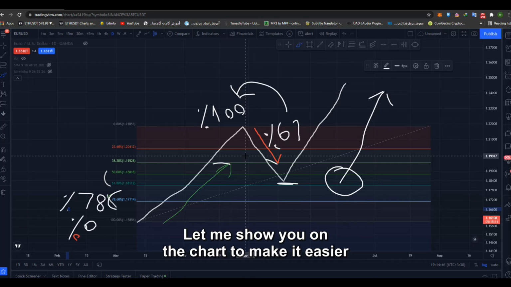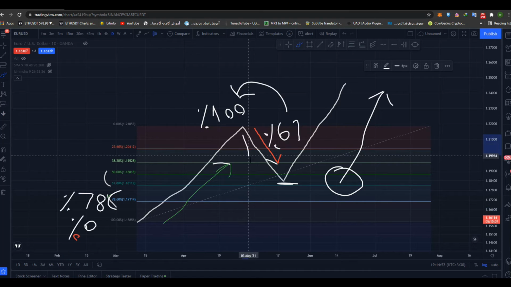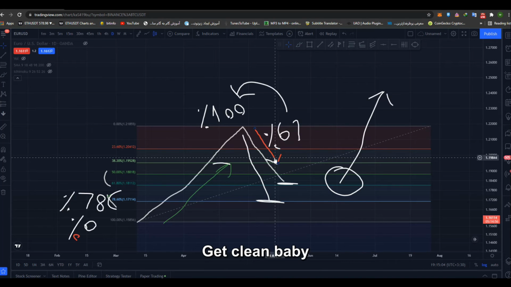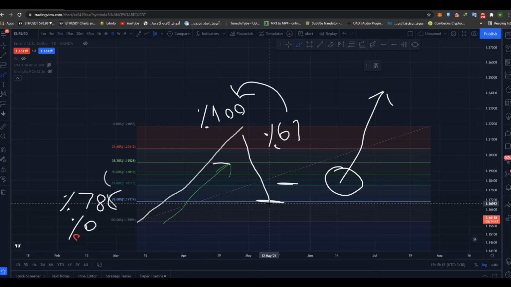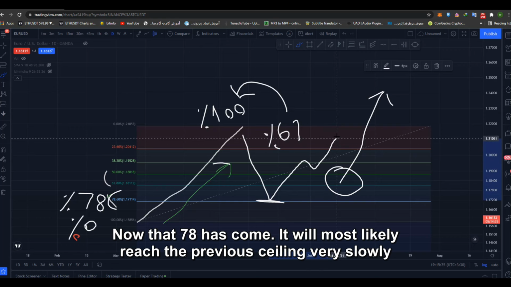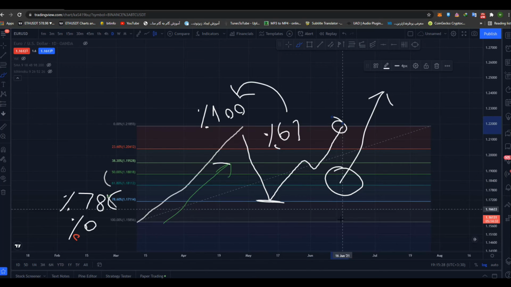Let me show you on the chart to make it easier. Now that 78 has come, it will most likely reach the previous ceiling very slowly.